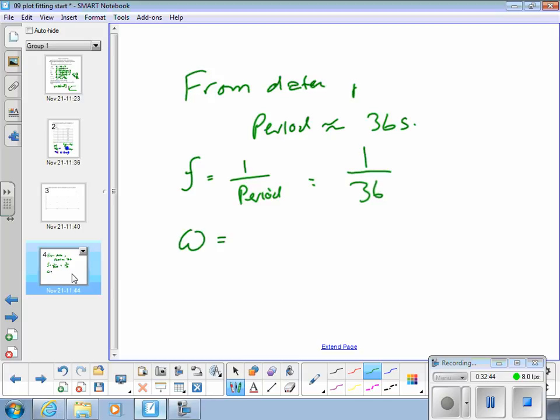Omega is 2 pi times the frequency. Yeah. So omega must equal 2 pi times 1 over 36.